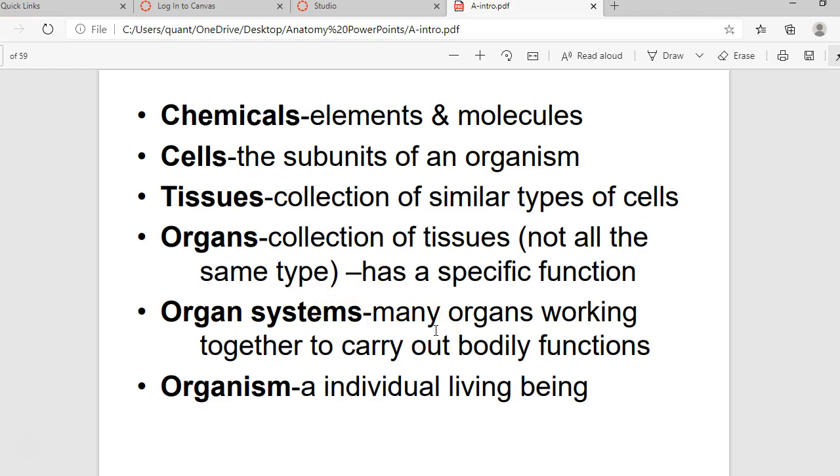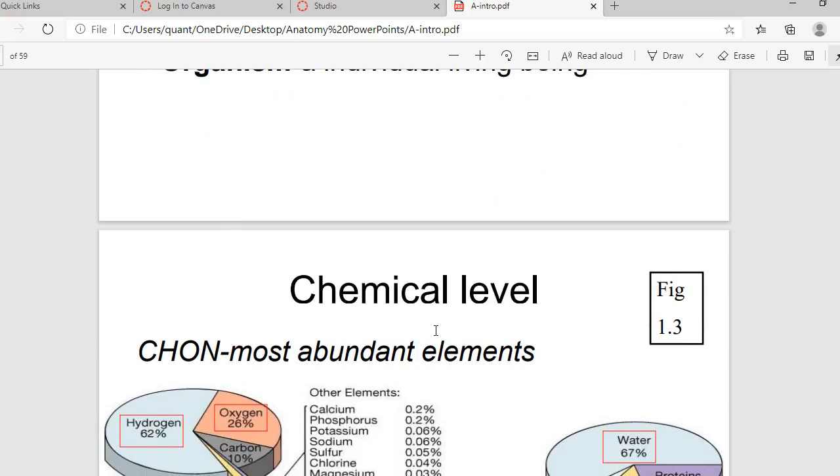Well, you have a trachea, you have bronchi, you have lungs, so all of those structures, or technically you could call them organs, are working together to carry out a bodily function, which would be respiration. Organism, that's the entire animal, us in this case.